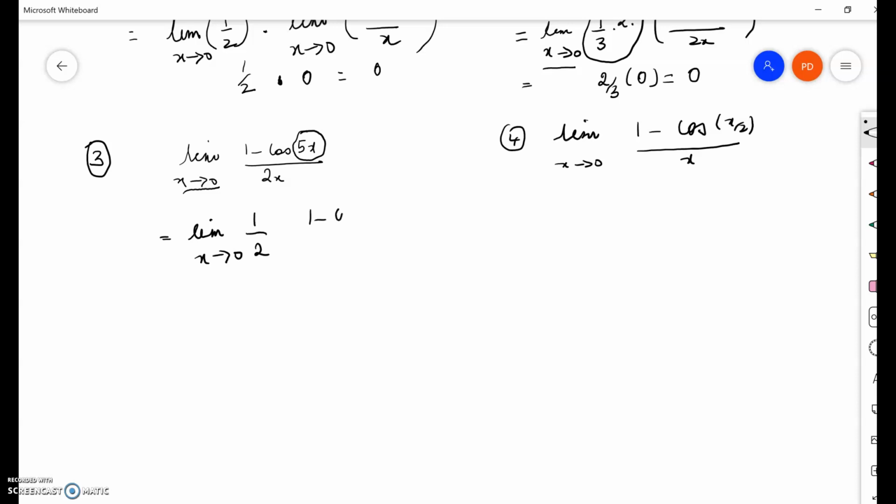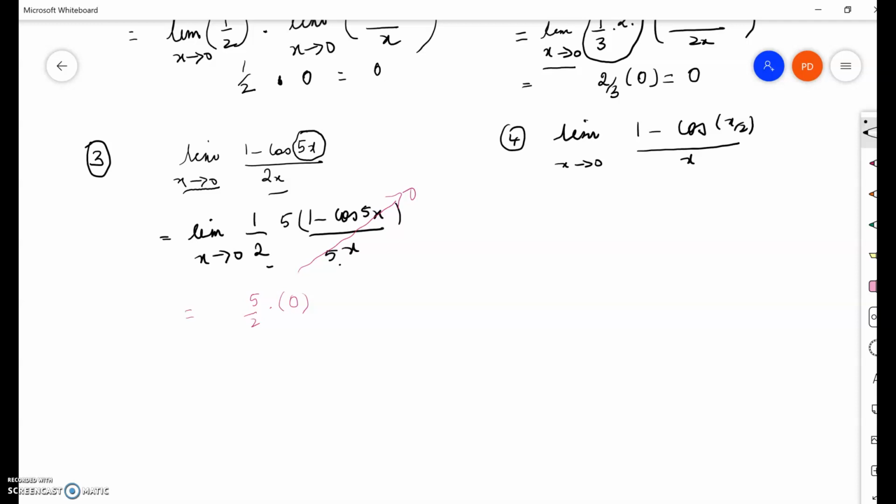And then I have a 1 minus cosine of 5x over x. But now I need a 5, so I multiply the denominator with a 5 and I multiply the numerator with a 5. So if I take limits as x approaches 0, this entire term goes to 0. Now whatever this is, which is 5/2, it really doesn't matter because everything is going to become 0.